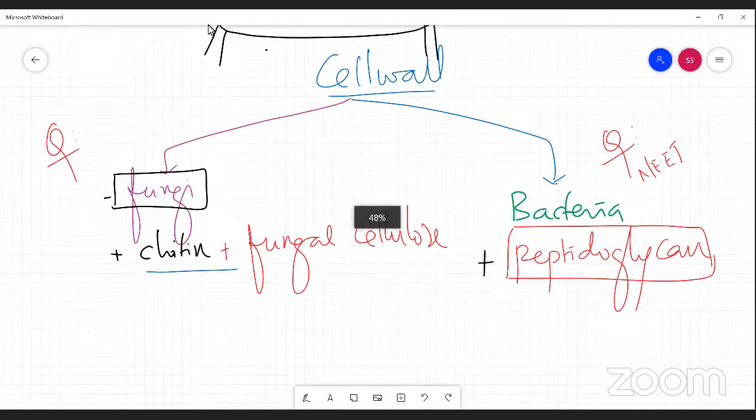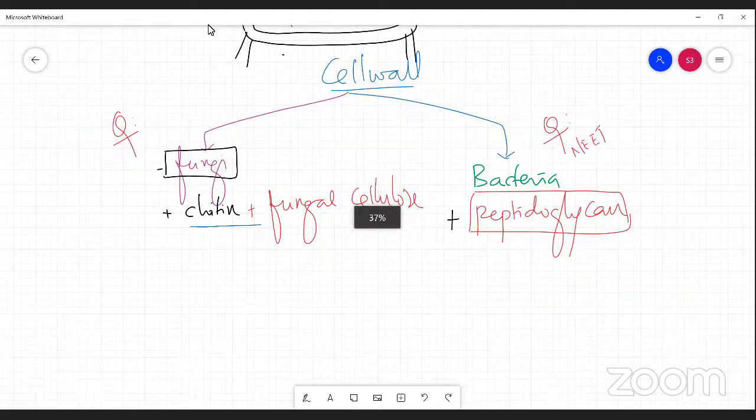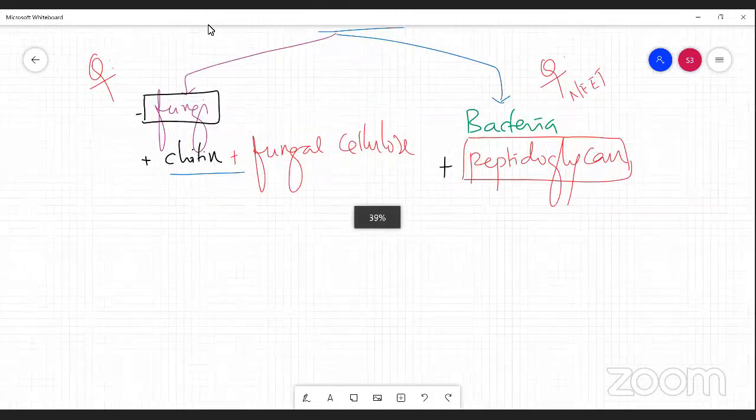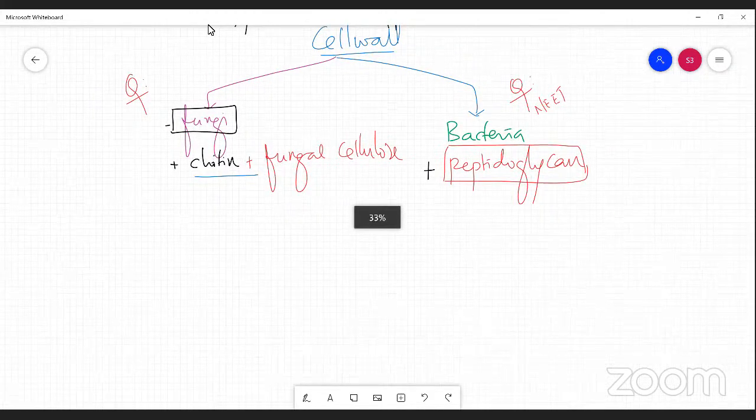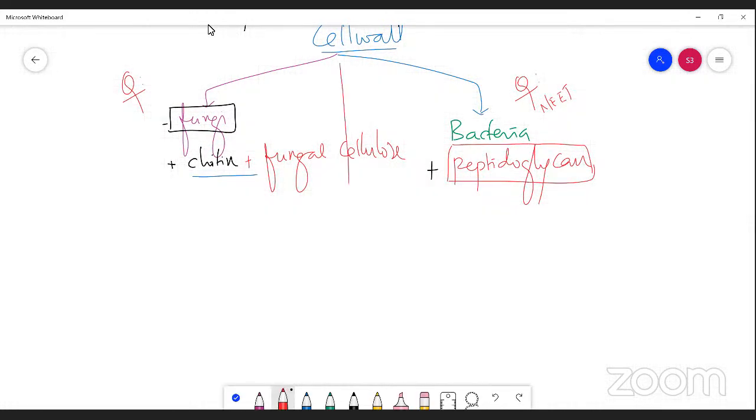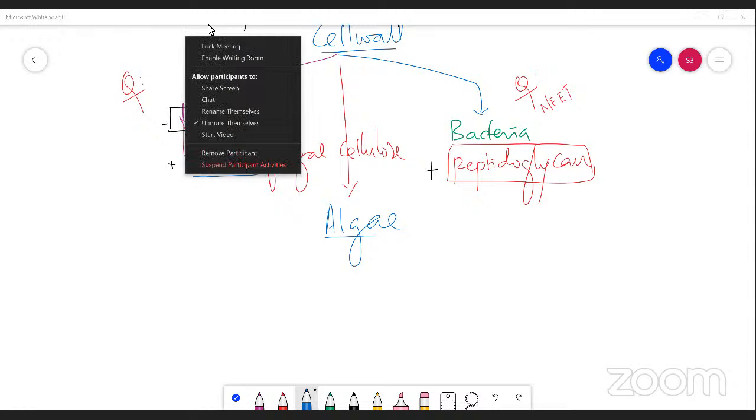If you take algae, the cell wall of algae is also made up of cellulose and hemicellulose, right? In addition to that, you can find silica.